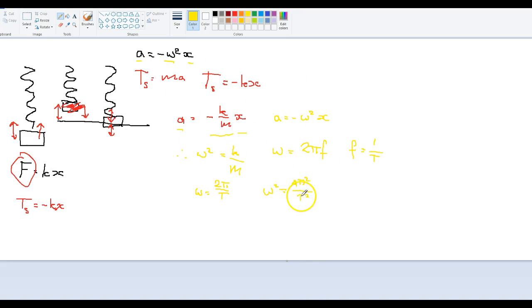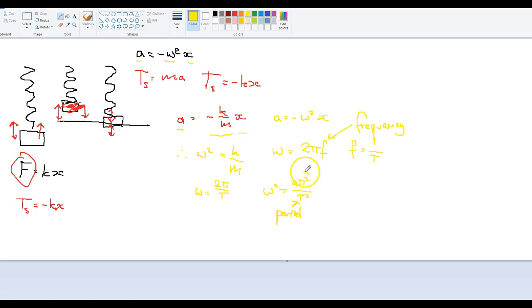This T is the period of oscillation. This f is the frequency of that oscillation, in hertz.